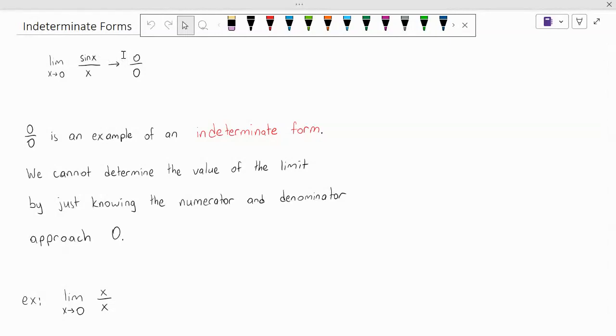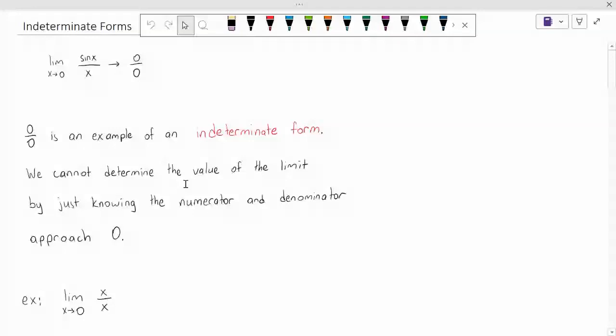The idea here is that you have something really close to 0 in both the numerator and denominator. And when that happens, we refer to 0 over 0 as an indeterminate form. The reason why we call it that is because we cannot determine the value of the limit just by knowing that the numerator and the denominator are approaching 0. Okay.